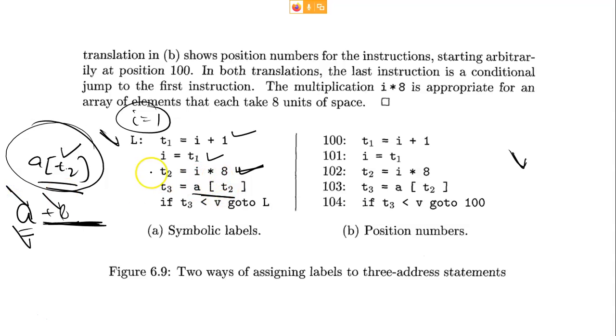So that's why we calculate this I into 8 and then assign it into T2, and then we calculate T3 equal to A T2. I'm repeating again, this is not an index.